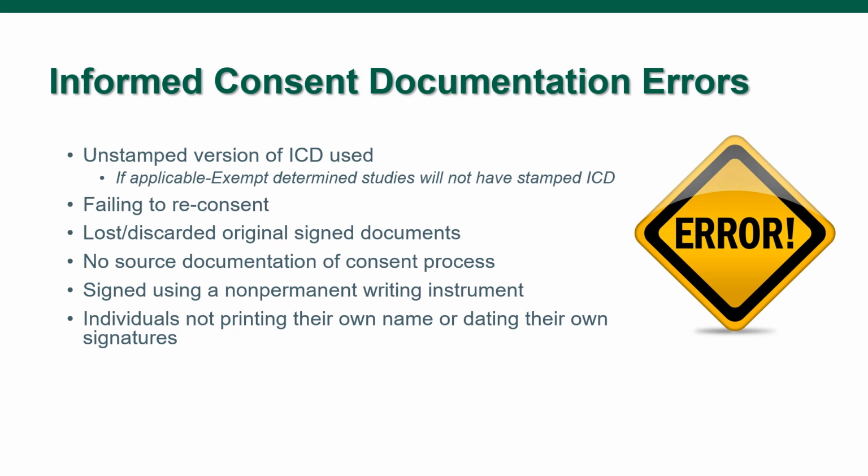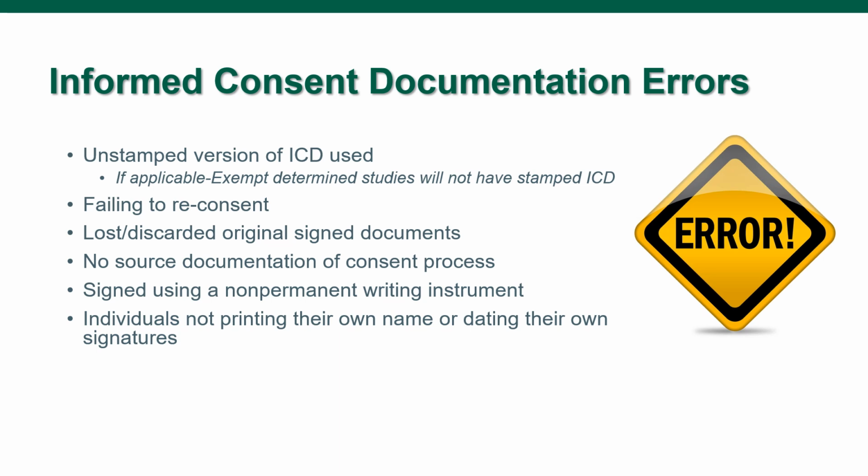You could also do a virtual consent, just put it in the protocol that you're going to print and date the signature for them and include the reason, as long as you have justification of why you want to vary from the signed consent process. The IRB will generally approve that in those situations.